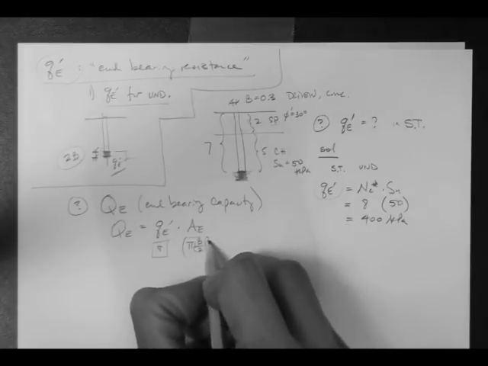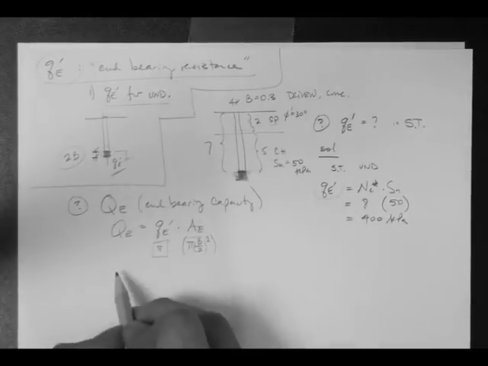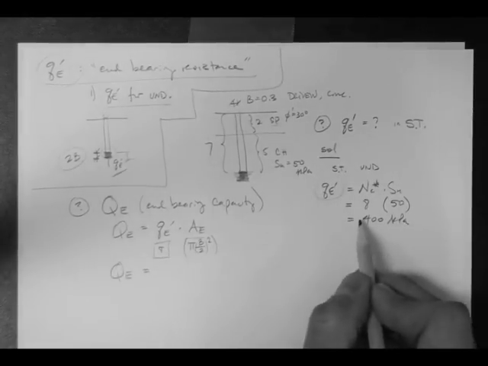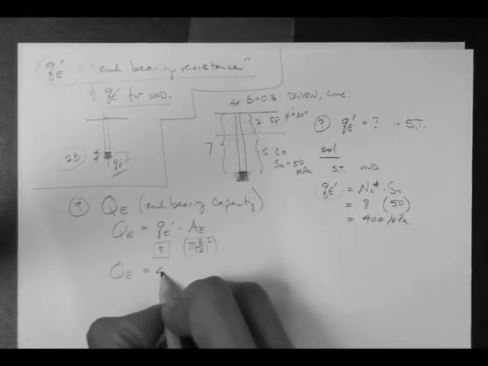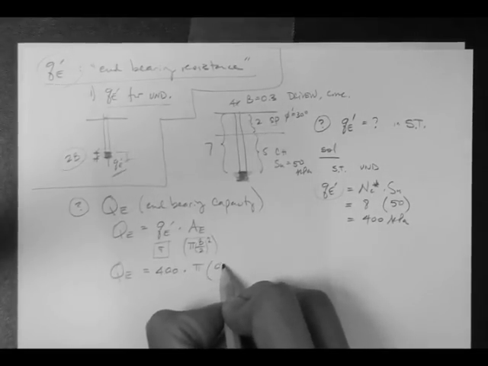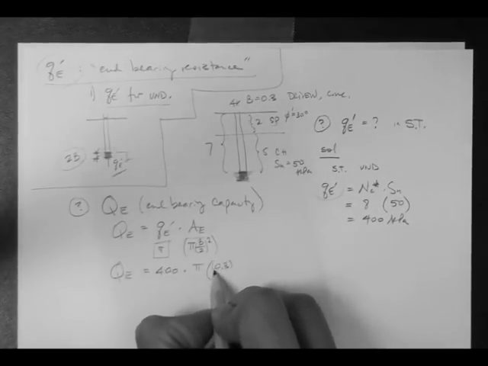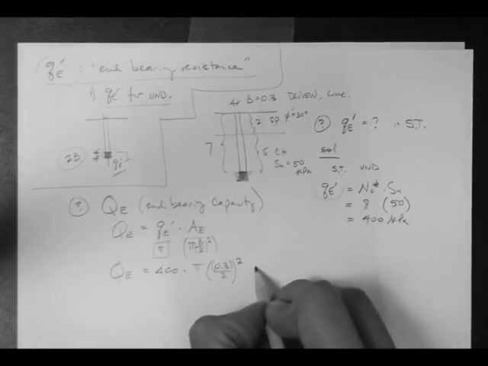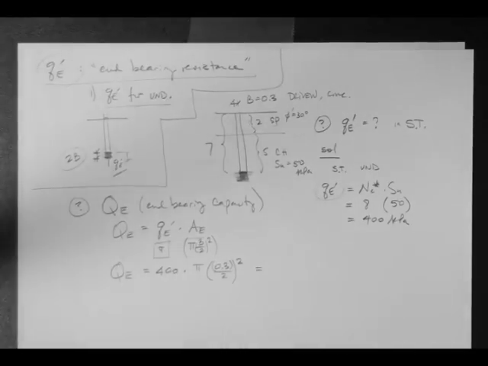So this is pi r squared. So for our example, QE is equal to QE prime, 400, times AE, which is pi times 0.3 over 2, which is the radius, squared. And what's this?